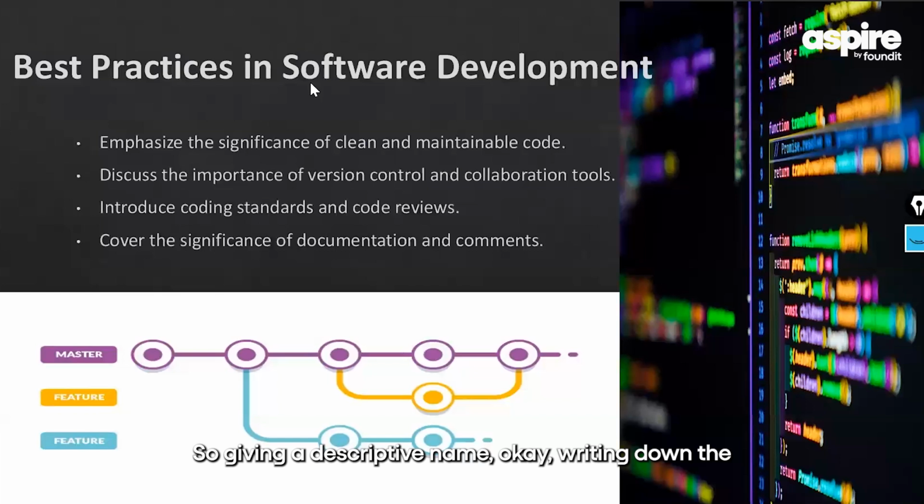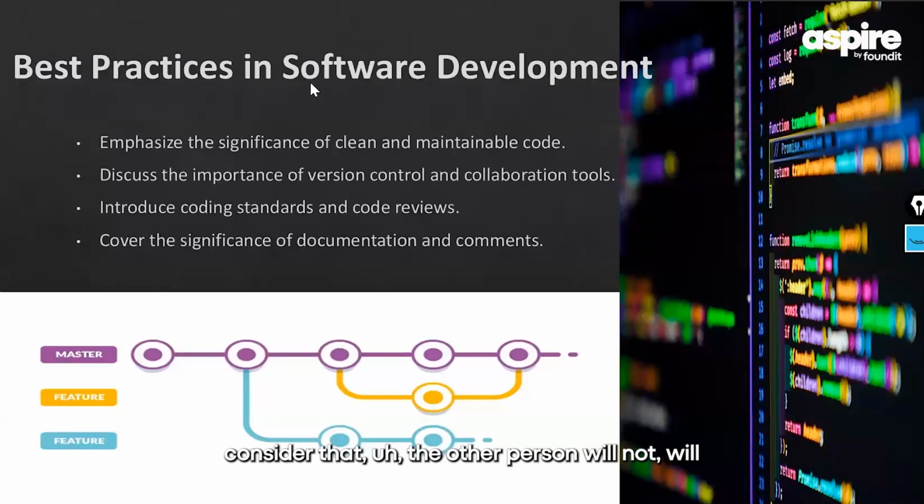Writing down the comments. Some developers don't write comments about the variables they have defined. Some people write comments about the functions they have defined. We should also focus on the variable definitions, the for loops we are using, the functions, or any functionality we are adding in the code; we should write comments about that.